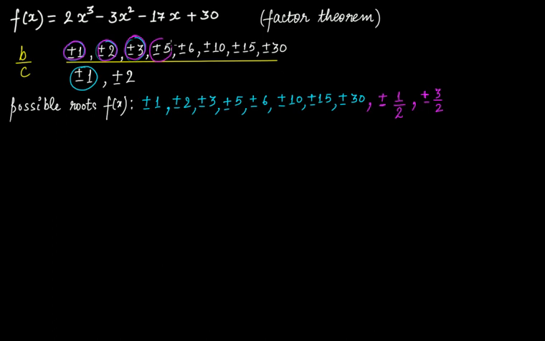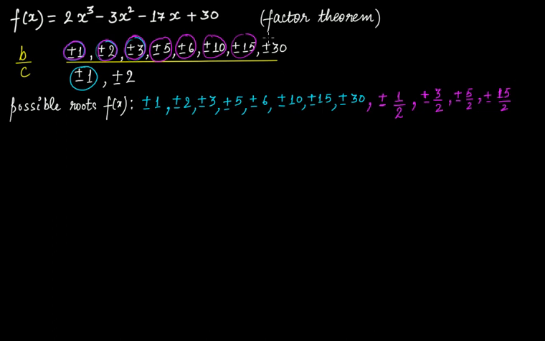Take plus minus 5, divide by plus minus 2, you will get plus minus 5 by 2. Take plus minus 6, divide by plus minus 2, you will get plus minus 3. We already have plus minus 3, so ignore it. Take plus minus 10, divide by plus minus 2, you will get plus minus 5. We already have plus minus 5, ignore it. Plus minus 15 divided by plus minus 2, you will get plus minus 15 by 2.